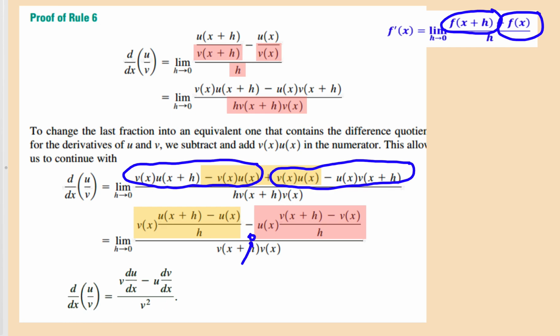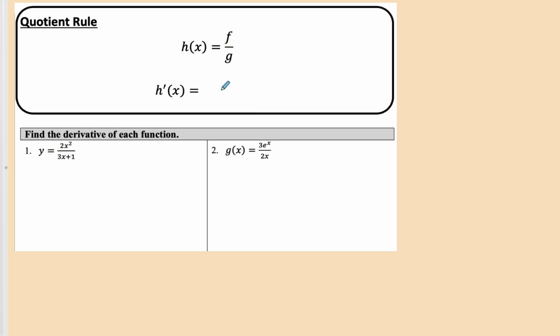All right, let's go ahead and write it in shorthand notation here. So this is the denominator times the derivative of the numerator minus the numerator times the derivative of the denominator all over the denominator squared. Okay, let's go ahead and use this.